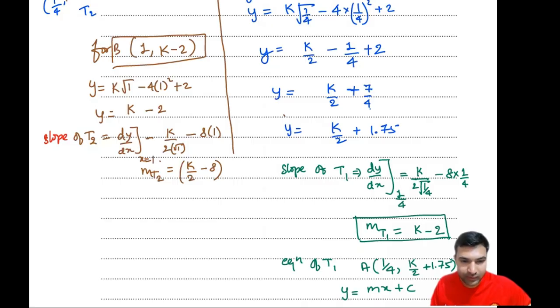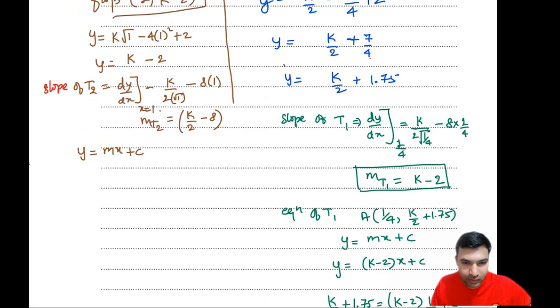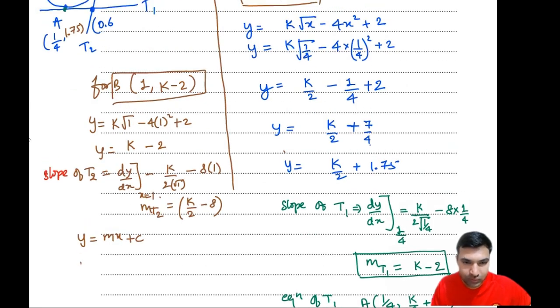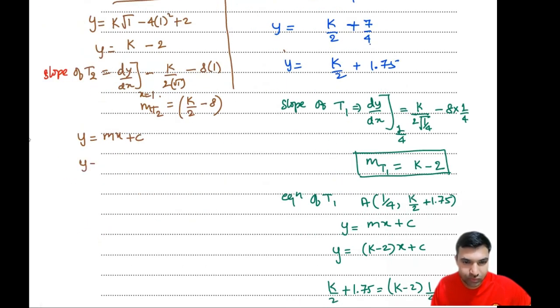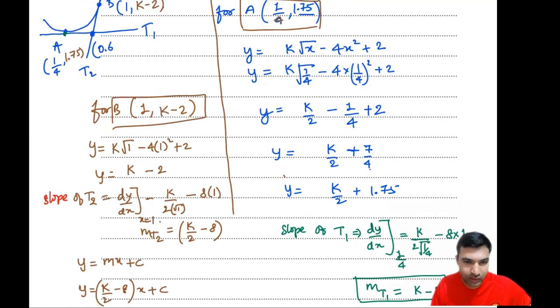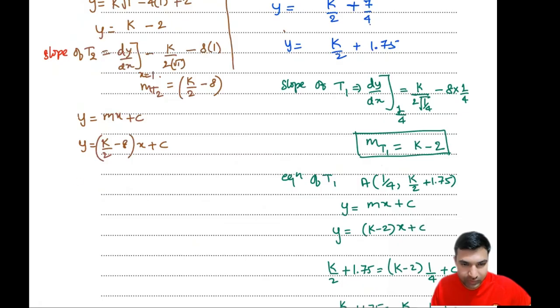And now finding the equation y equal to mx plus c. So we know the point is 1 comma k minus 2. So slope is basically k by 2 minus 8 times x plus c. Now the point is how much? 1 comma k minus 2. Perfect. So when y is k minus 2, x is 1.